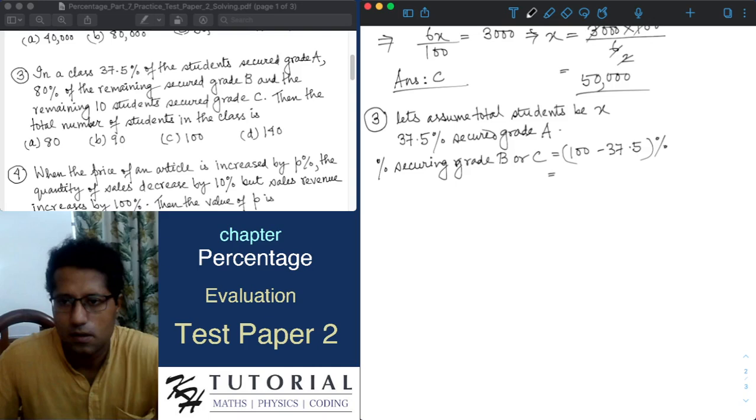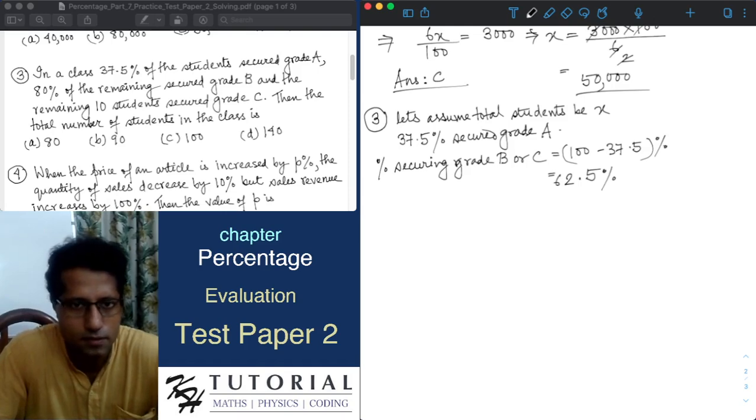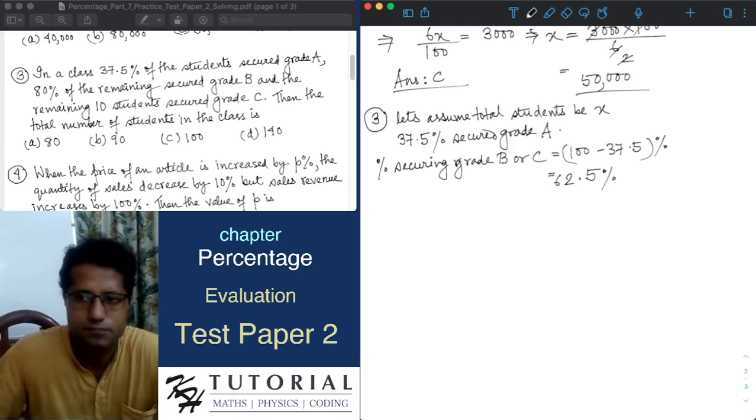This is 62.5% of the students secured either grade B or C.